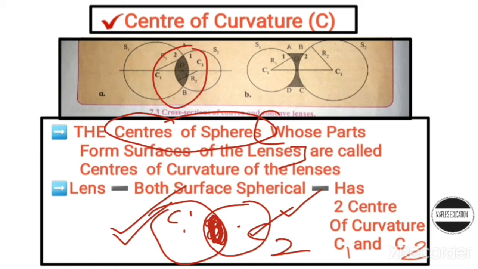Now these two spheres give a little part, and they make a lens. You can see in the diagram there is a shaded portion in between, right? This shaded portion is my lens. So the spheres which are giving their part so that a lens can be formed, their centers are called C1 and C2. So C1 and C2 are the centers of curvature.